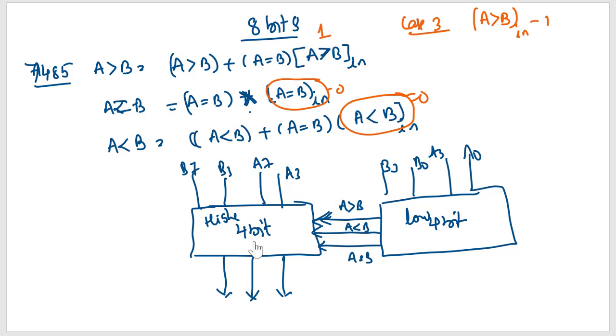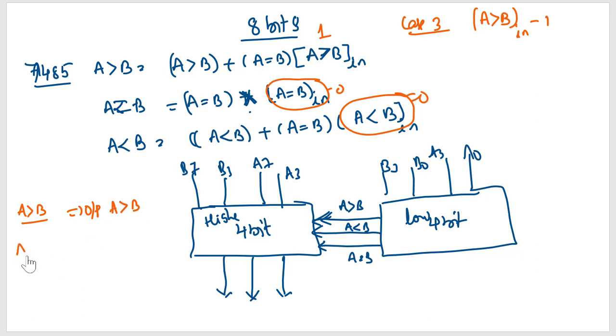Now it has to compare the higher order bits. Suppose at higher order bits, if a is greater than b, this will be 1 and this will be 0, because when a is greater than b, a equals b will be 0, and this also 0, this also 0, this also 0. So you are going to get output as a greater than b.